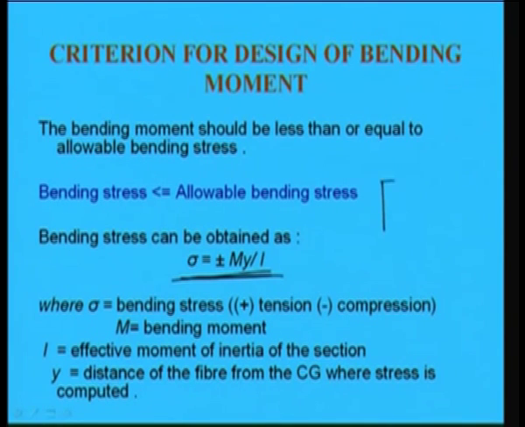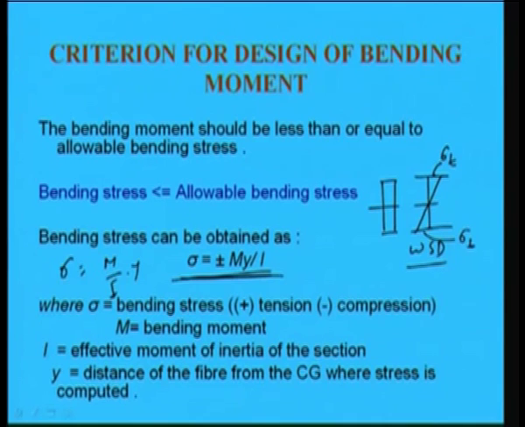For a simple case, if this is a cross section, the stress will develop linearly, because we are using the working stress method of design. So, sigma will become M by I into y, and if we consider the top, we can say sigma t, and this we can say sigma b. So, sigma t and sigma b will be plus minus M by I into y, where y is the distance from the neutral axis, right.